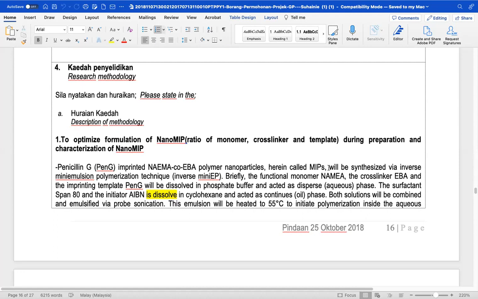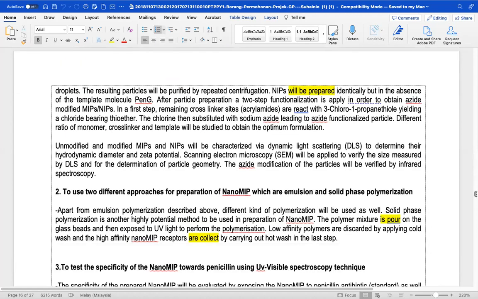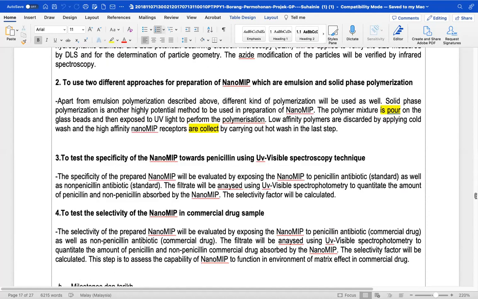So it's good using "will be synthesized." So you can see that the student is using the approach of combining the objective with the procedures.